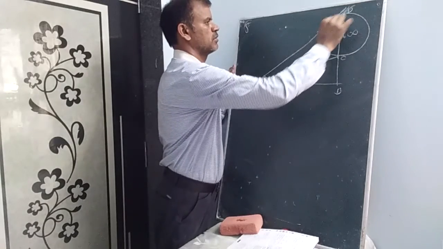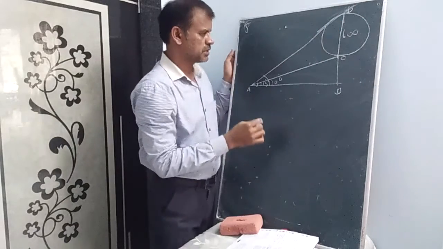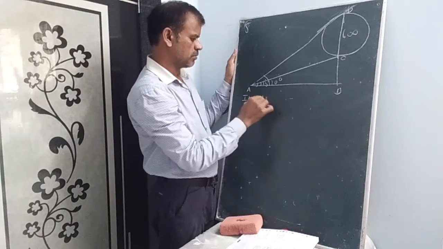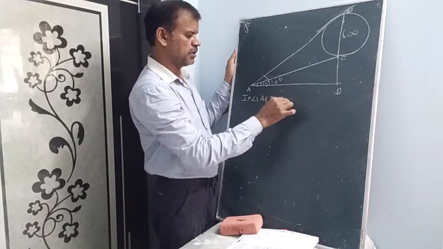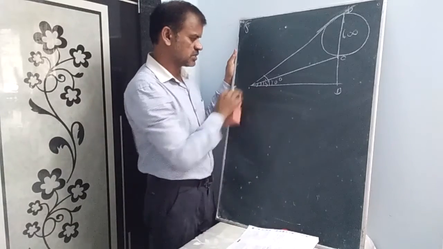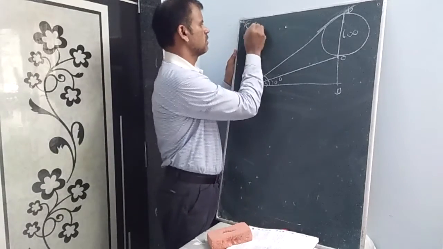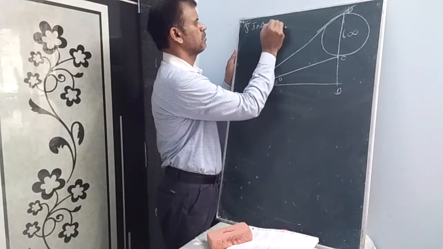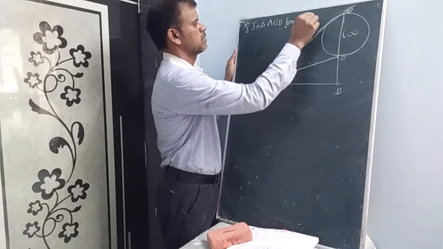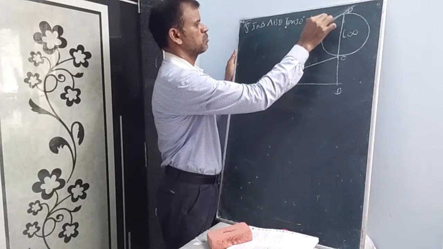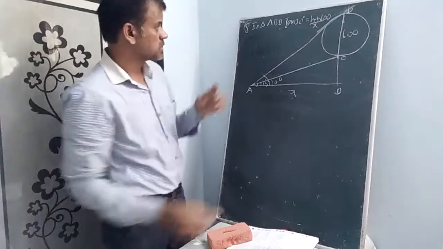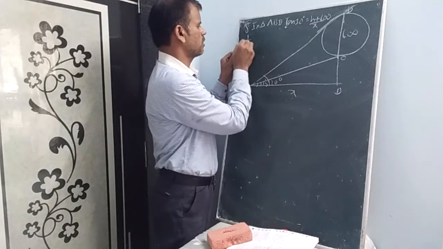Draw like this in full. In triangle ABD, tan 30 degrees is equal to total height H plus 600 by X. Think of this one as X. Tan 30 value is 1 by root 3.